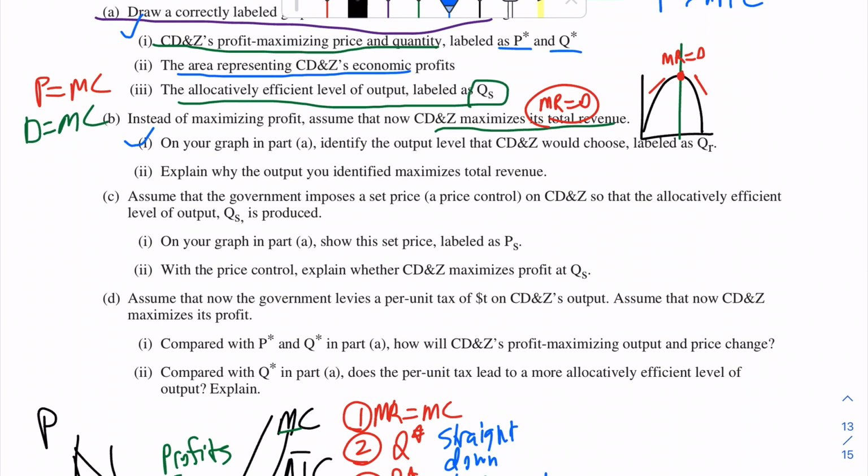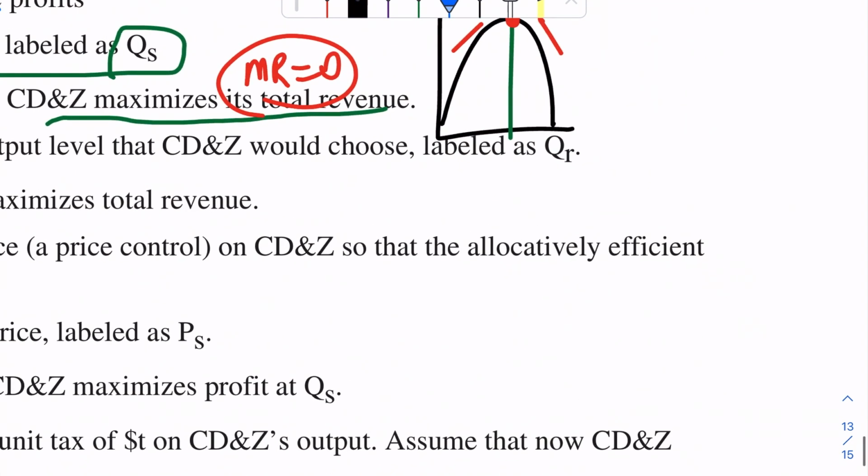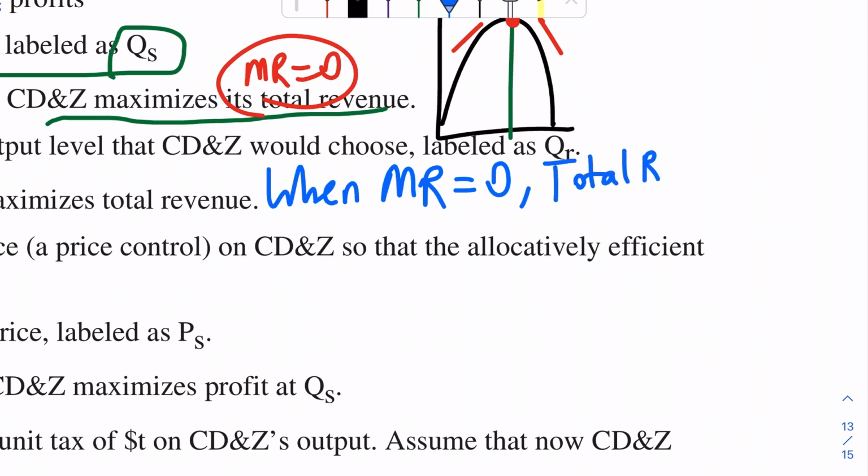So the reason, then, all we have to say is that when MR equals zero, total revenue reaches maximum. And that's it.